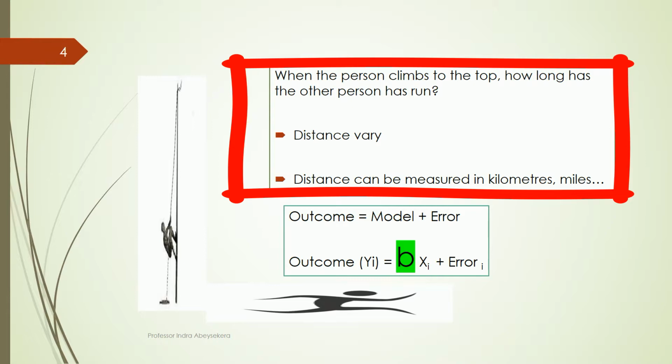We can look at the variation in the distance of each variable, and then look at an association or a relationship. But the distance can be measured in different ways, for example, kilometers and miles.